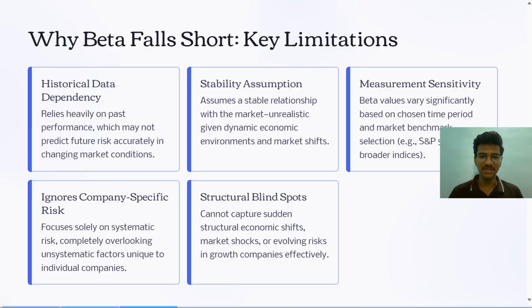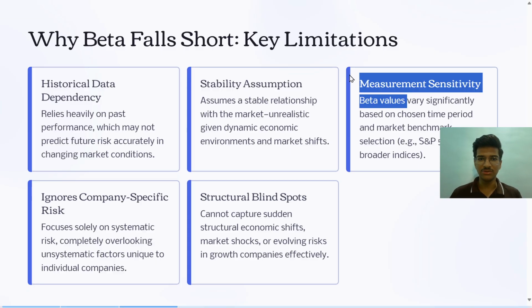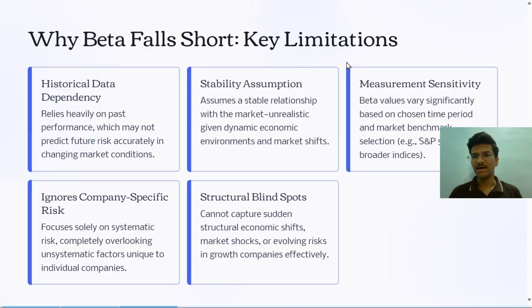So that is one of the key limitations. Beta values also change depending on the time period and the benchmark used. There are multiple benchmarks which could be used, so that highly differentiates the stability that a beta can give.